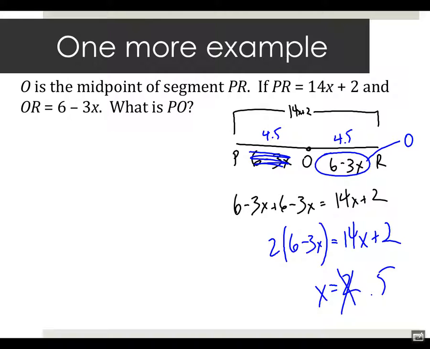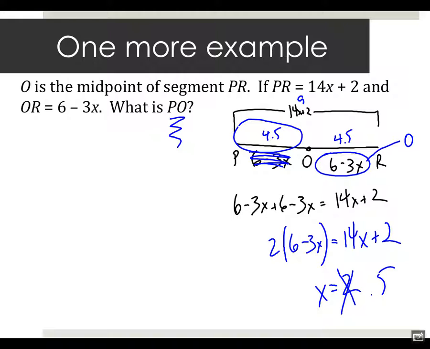And just to make sure, 0.5 times 14 is 7 plus 2 is 9. 4.5 plus 4.5 is 9, so I like that answer. So what's the ultimate answer to the question? 4.5, because it wants to know what is PO. And therefore, 4.5.